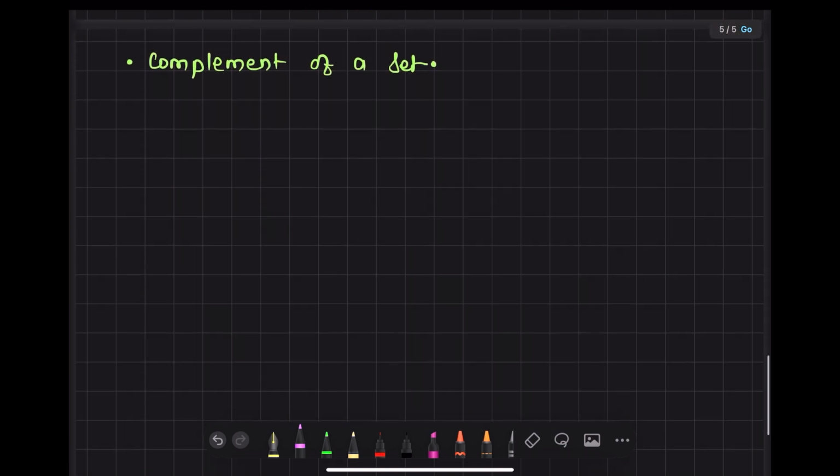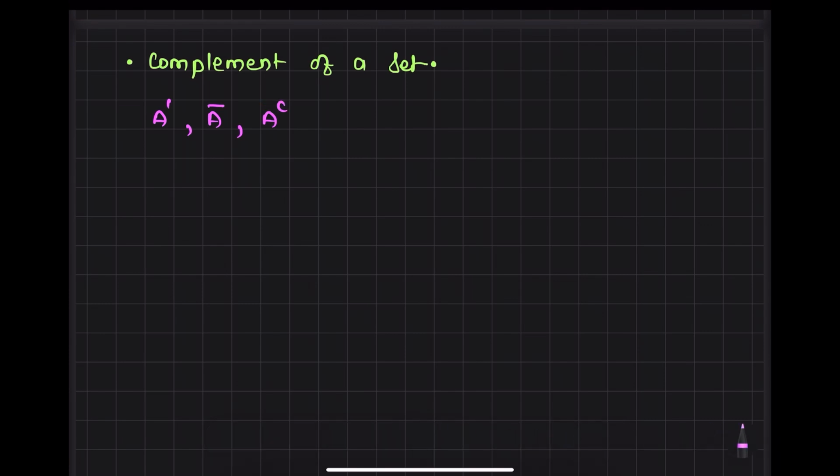Now let's talk about complement. Complement of a set. So what does complement mean? First I will tell you how to represent complement. So you can represent it as A dash, A bar, A complement. Means you have to write A power C. So this is the symbolic representation of A complement.